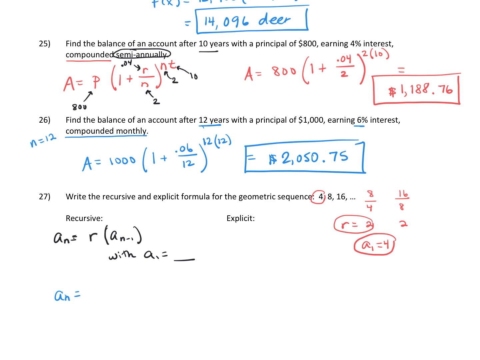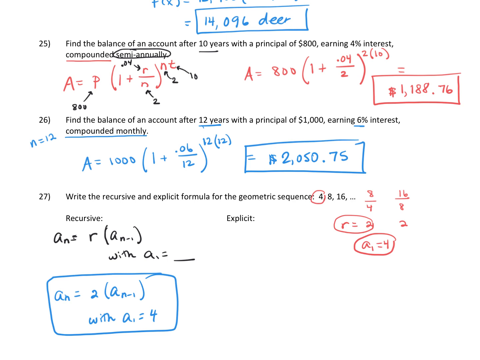It's r times. So our common ratio gets multiplied by the previous term. Now let's go ahead and fill in. We know that our common ratio is 2 times a sub n minus 1. So there's our rule, and then we just need to tell people, start with a1 equal to 4. This is the information we identified over there. So here's our recursive formula.